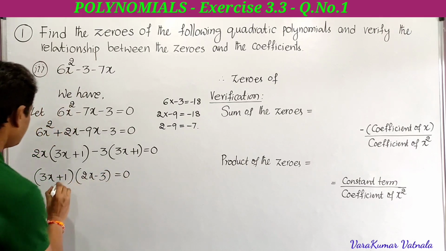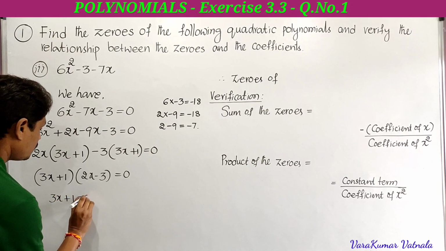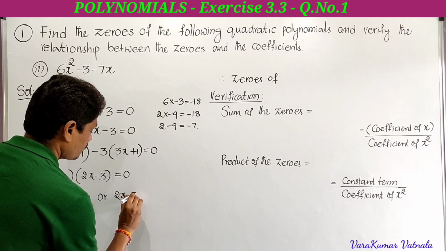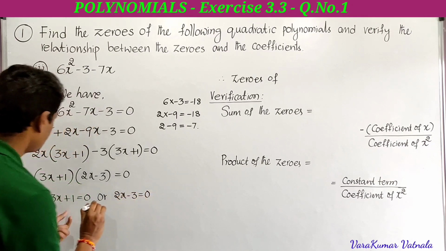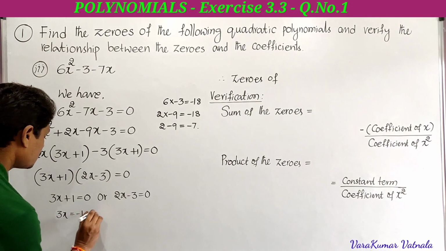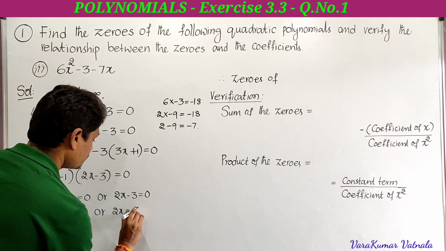Now we can write either 3x + 1 = 0 or 2x − 3 = 0. Taking +1 to the right side, we get 3x = −1, or 2x = +3.